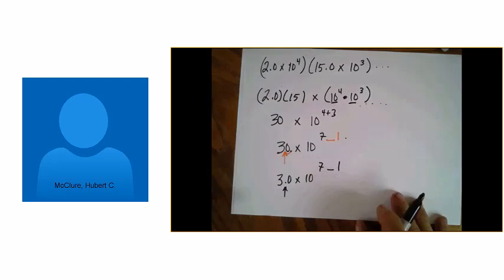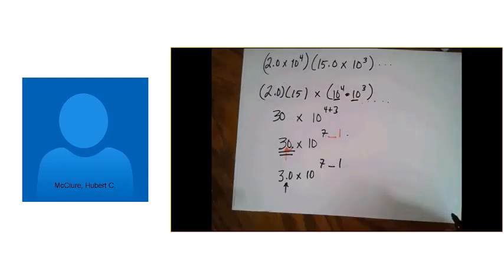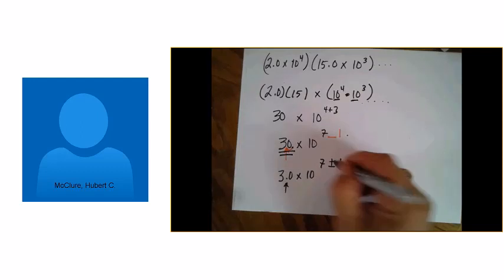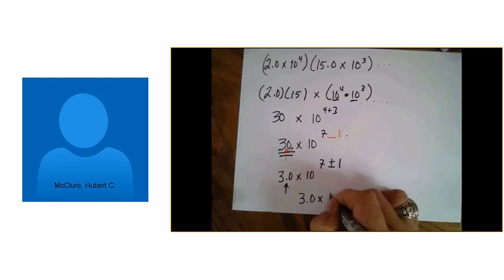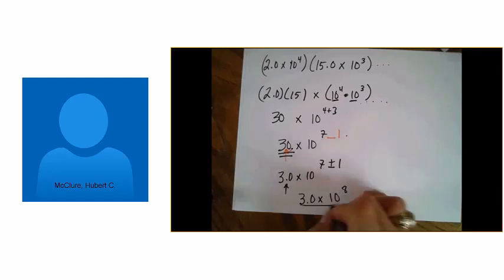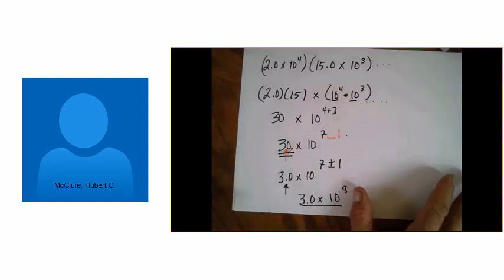Which way do I move this decimal in my head to get it to look like the original? To the right. And that's going to be 3.0 times 10 to the 8th power. Now make sure you know how to do these problems because these are the ones I put on the test. Multiplication and division.